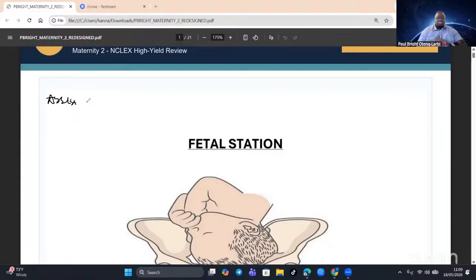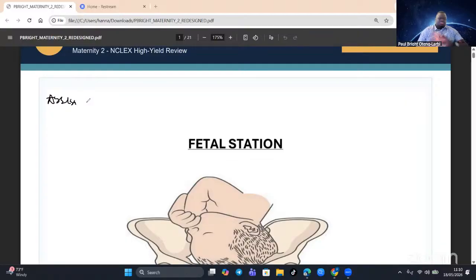Then we look at the stages of labor, the first stage, second stage, third stage. We look at the fetal heart rate compared to the maternal contractions, where we look at the variabilities. Then baby entering into the third stage.